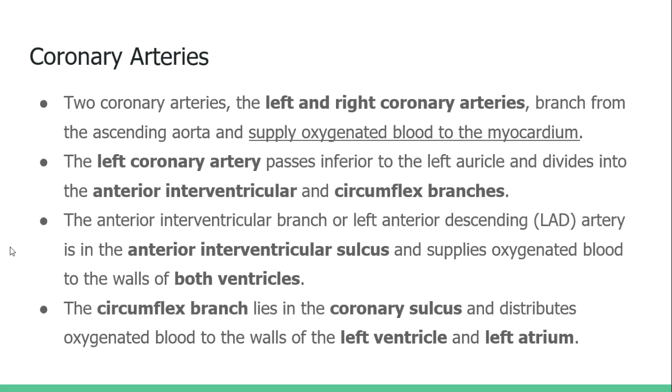The anterior interventricular branch lies in the anterior interventricular sulcus and supplies oxygenated blood to the walls of both ventricles. The circumflex branch lies in the coronary sulcus and distributes oxygenated blood to the walls of the left ventricle and the left atrium.